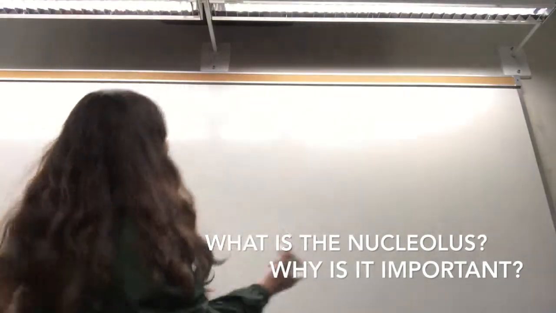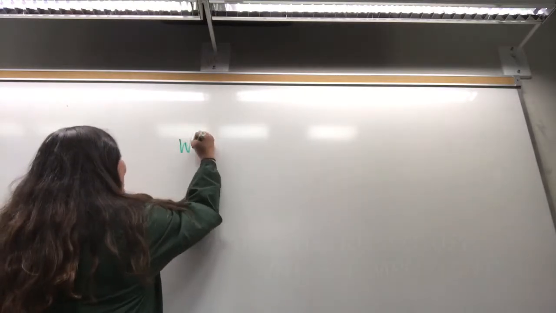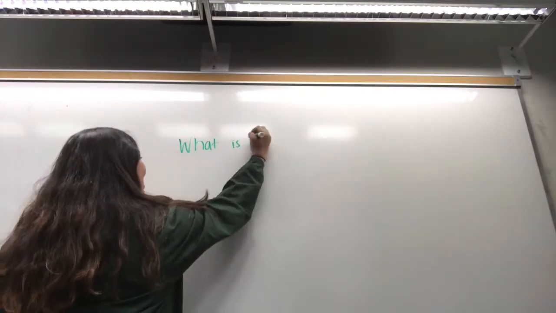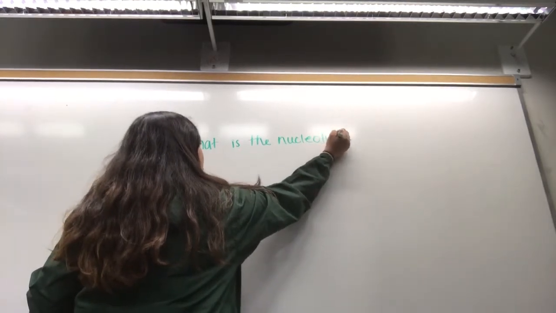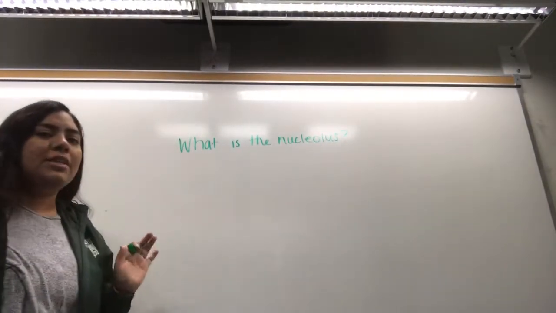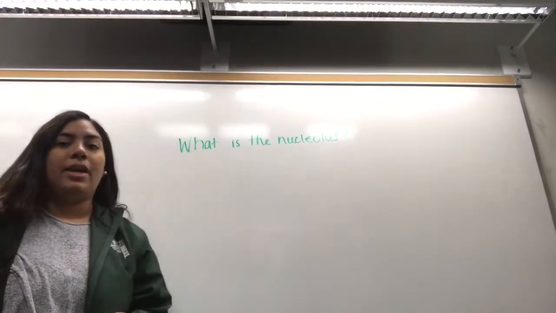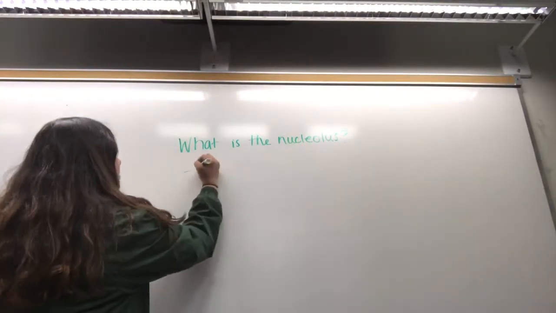Hi, my name is Vienna Martinez, and I'll be explaining what the nucleolus is and why the nucleolus is important. So, what is the nucleolus? The nucleolus is a large rounded structure that is located inside the nucleus.